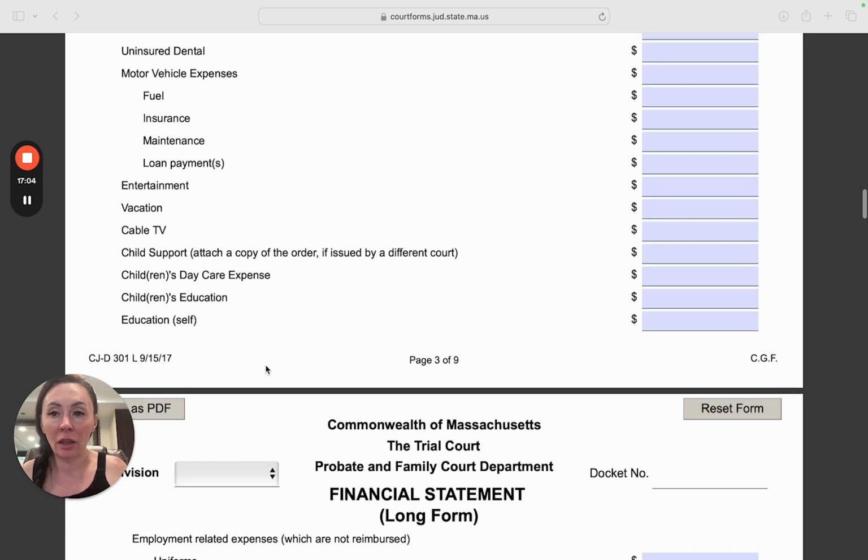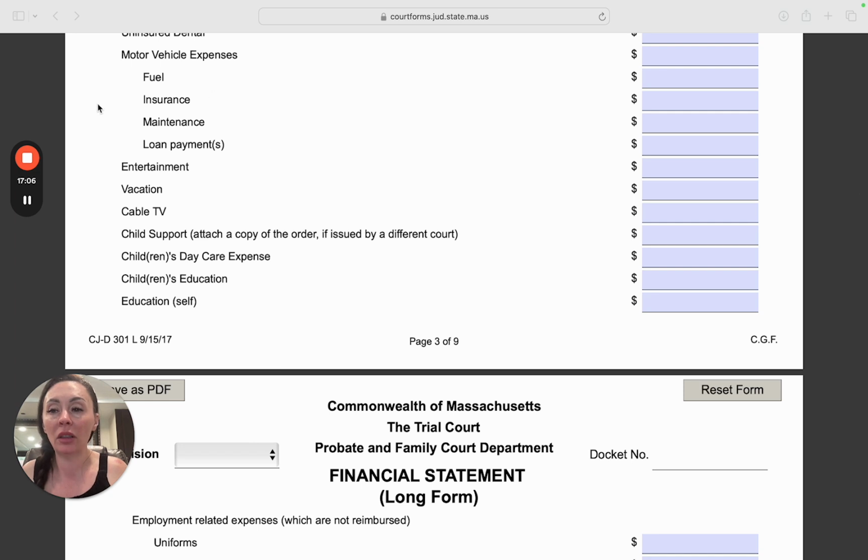Moving along here further down, motor vehicle expenses. This is sort of a pet peeve of mine with these trial court financial statements, and this often throws people for a loop. So there's a line for motor vehicle expenses. Well, okay, but under there, you've got it broken down by fuel, insurance, maintenance, and loan payments.